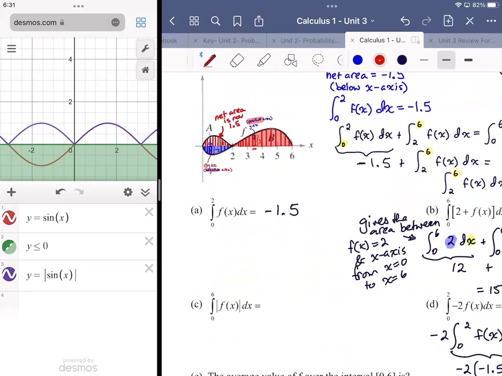So what that's really telling me to do is to break up this integral into my two parts, right? 0 to 2, and then 2 to 6.